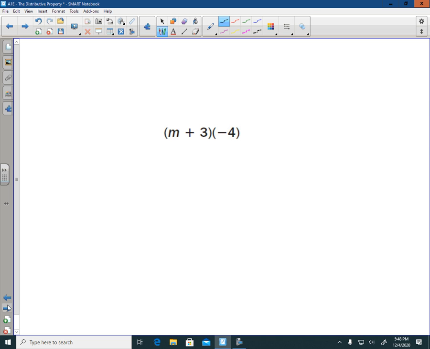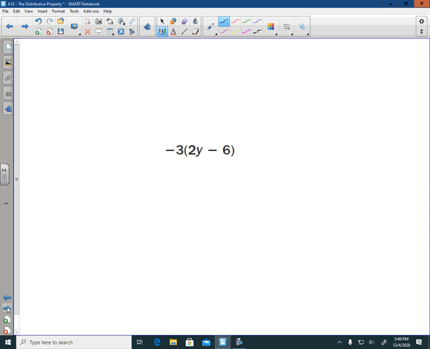Here we can distribute that negative 4 onto that positive 3, and we can say that we have negative 12. And then we can take that negative 4 and distribute it onto the m, and we have negative 4m, and there is as simple as it gets, because we don't have like terms. And so negative 4m minus 12 gets rid of the parentheses, which is what we wanted to do, and that's as simple as it gets for now.